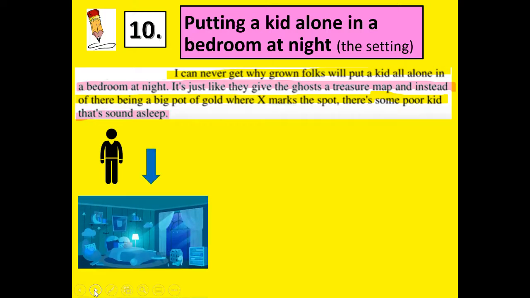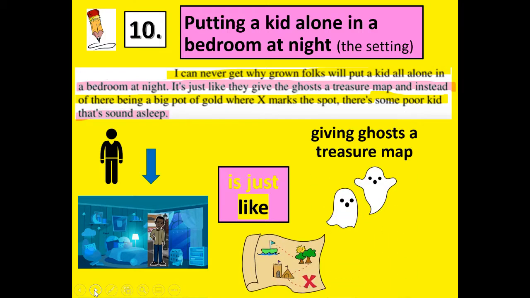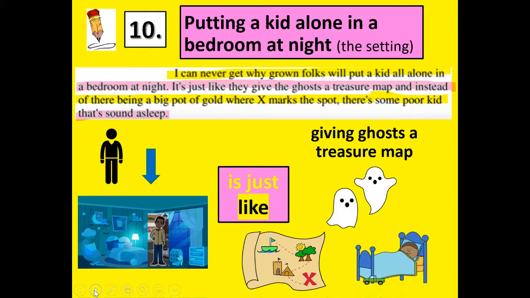So adults putting a kid alone in a bedroom at night is just like giving ghosts a treasure map, and X marks the spot where the kid is sound asleep.